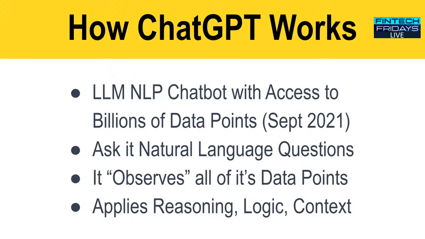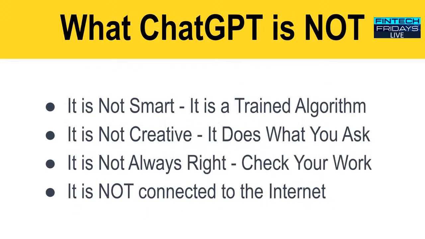You go into this chatbot and you ask it natural language questions. When I say natural language, it's exactly the way that you speak, exactly the way you would talk to your friends. It can understand. What this algorithm does is it goes into these billions of data points and observes all of them, and then it produces a result or an answer for you by applying reasoning, logic, and context to what you asked it.